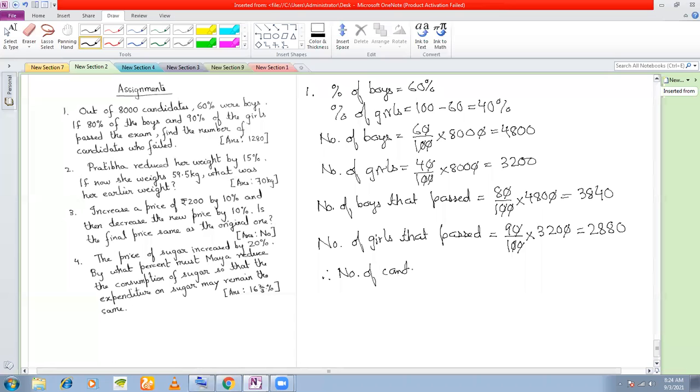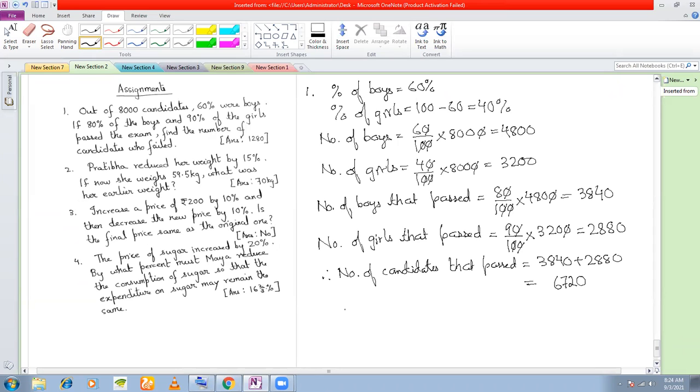So number of candidates that passed is equal to number of boys that passed plus number of girls that passed, which is 6,720. This many candidates passed.